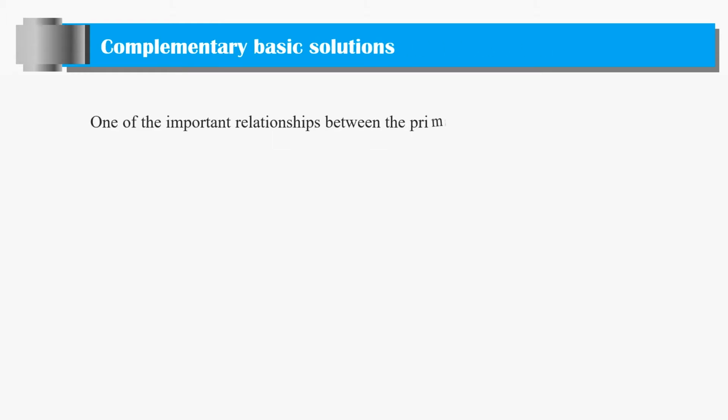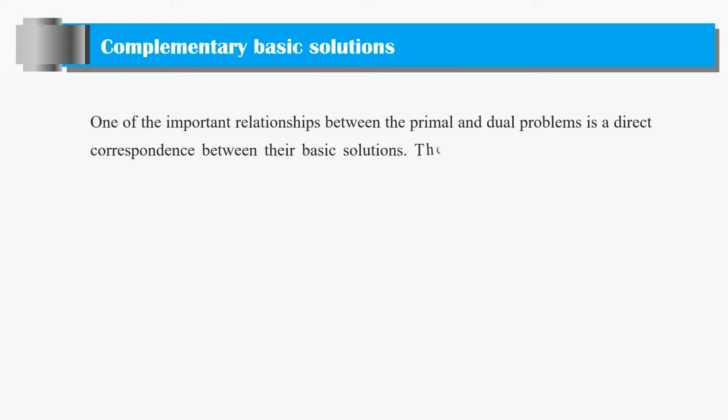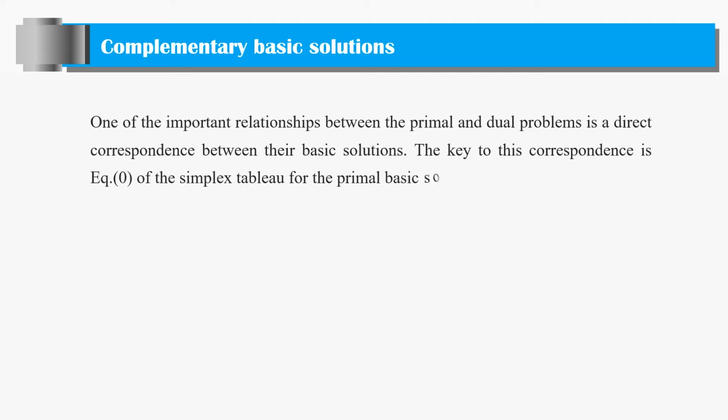One of the important relationships between the primal and dual problems is a direct correspondence between their basic solutions. The key to this correspondence is equation 0 of the simplex tableau for the primal basic solutions.